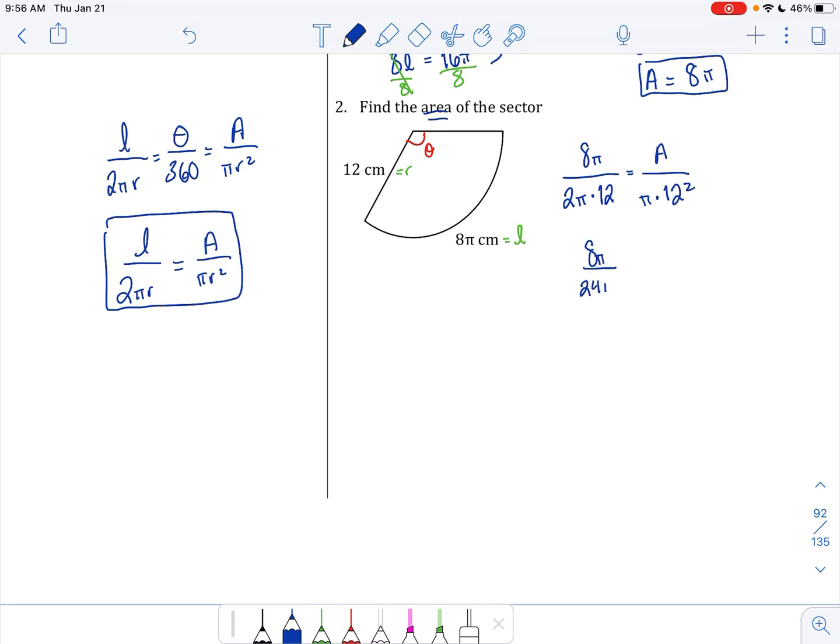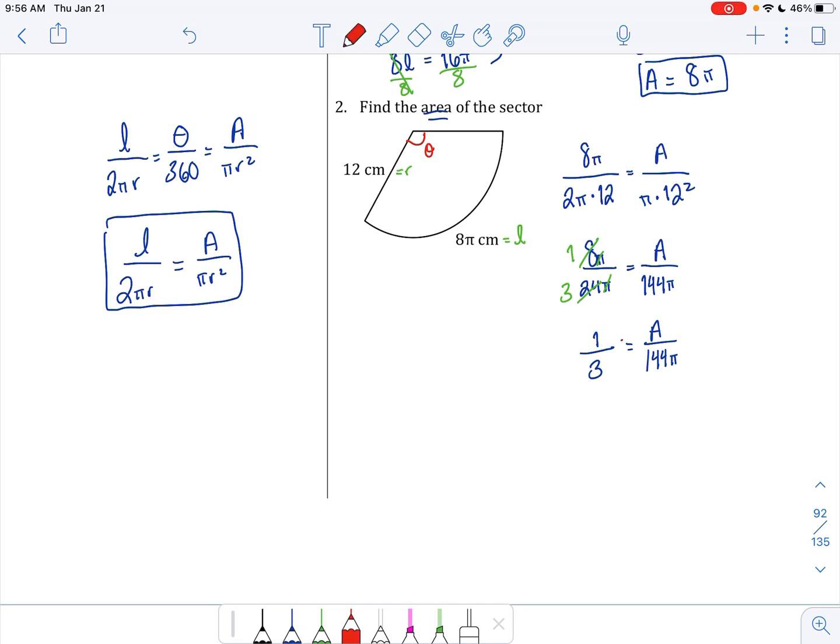So I get 8 pi over 24 pi is equal to a over pi r squared, so that's 144 pi. Simplify here. Divide both sides by pi, divide both by 8. So I get 1/3 is equal to a over 144 pi.